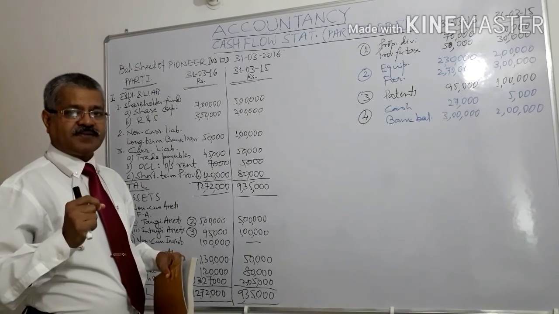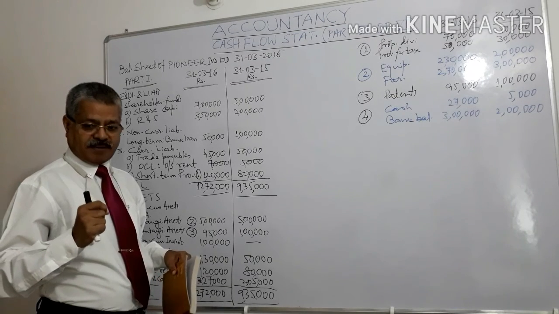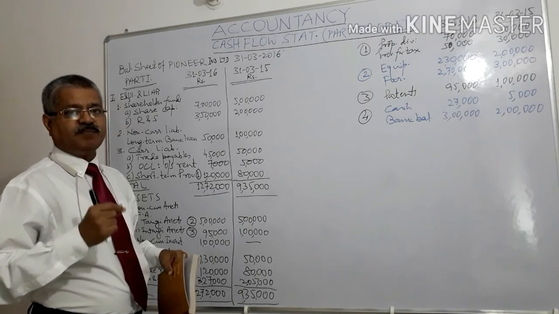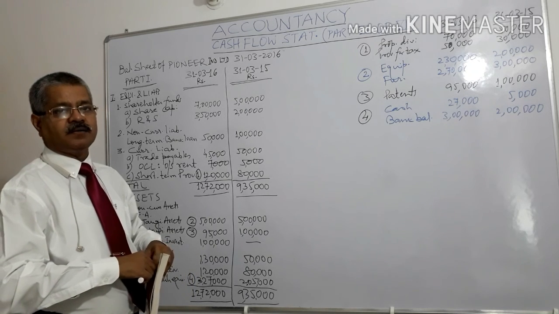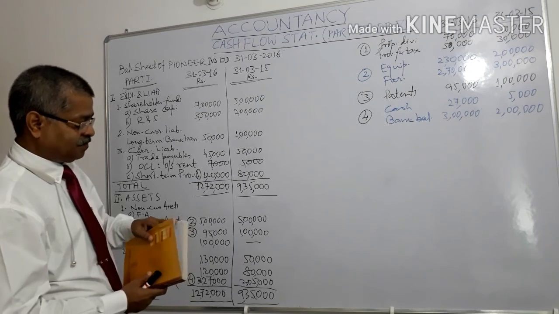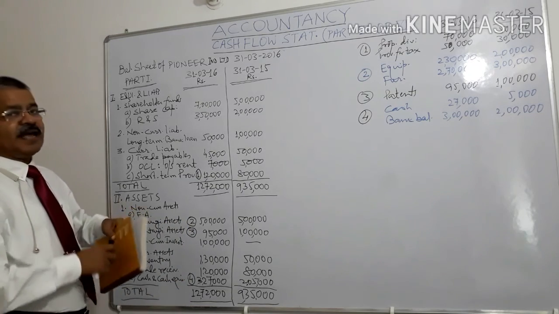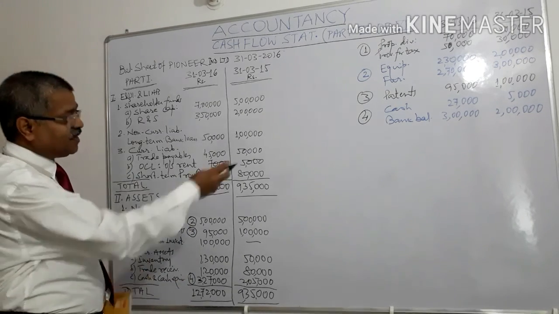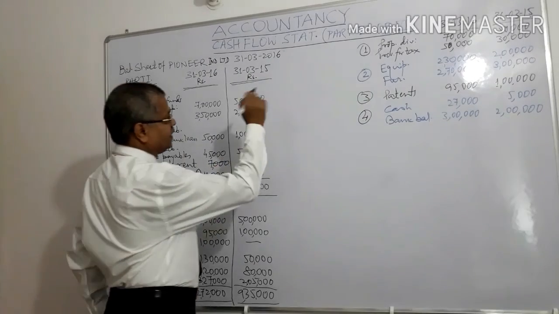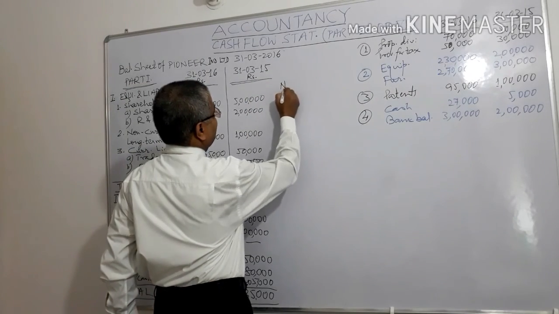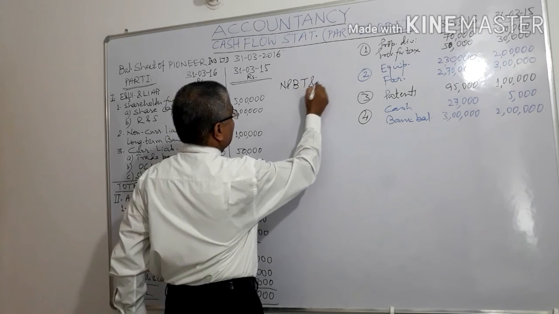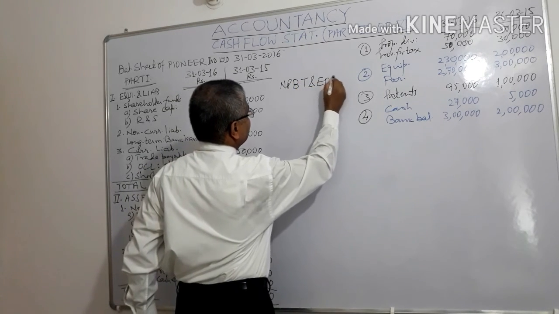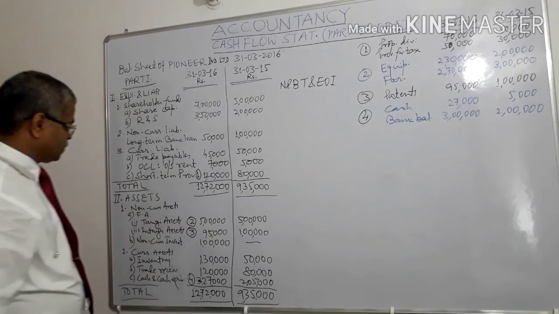And we have already discussed that under indirect method, the starting point is net profit before tax and extraordinary items. So first of all, we would like to know what is the net profit before tax. Here, what is the starting point? Net profit before tax and extraordinary items, right?